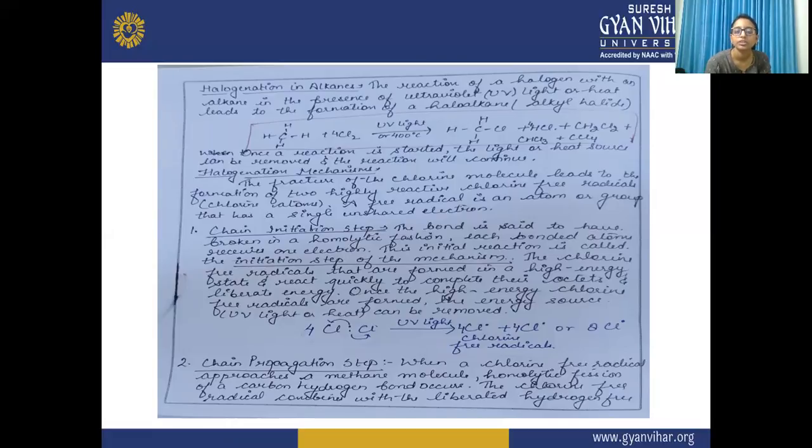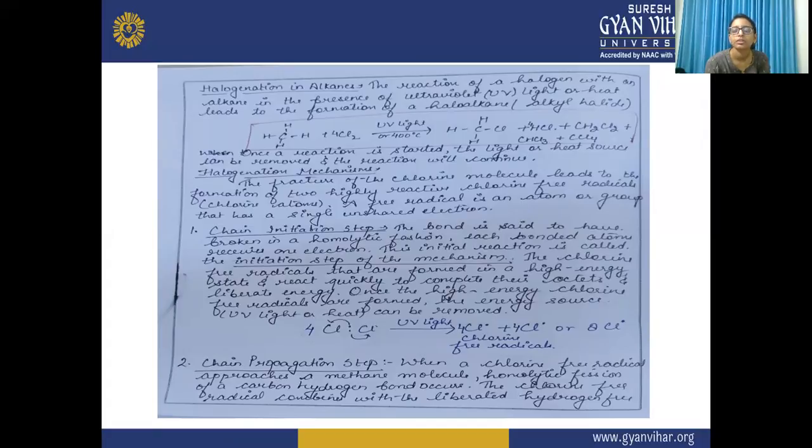So here the reaction is given, that is alkane, that is methane. Methane, when reacted with chlorine in the presence of UV light or 400 degrees centigrade, then there will be a formation of CH3Cl, HCl, CH2Cl2, CHCl3 plus CCl4.